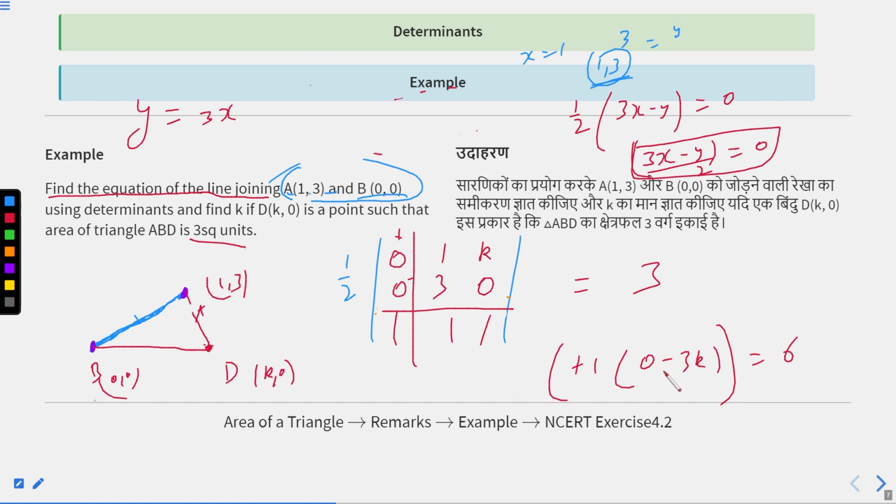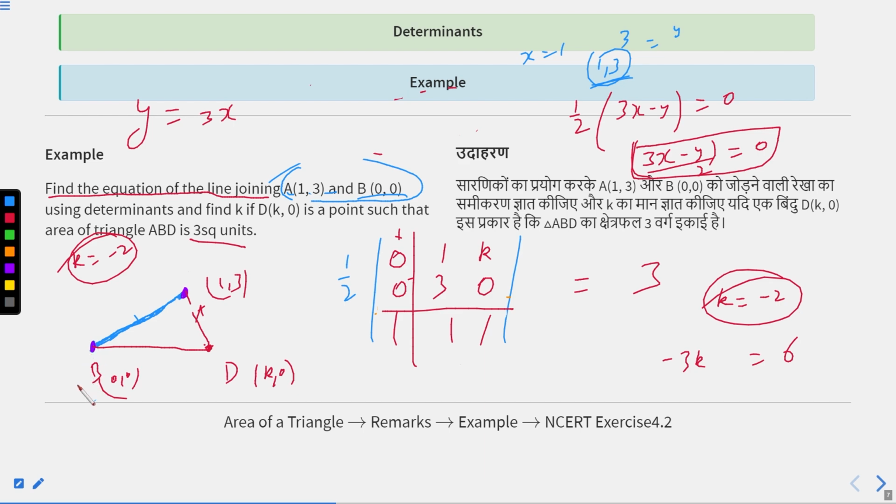This will be minus 3, minus 3k. So this means k must be minus 2. Yes, k must be minus 2. So the value for k will be minus 2.